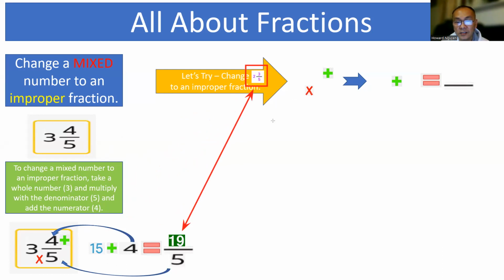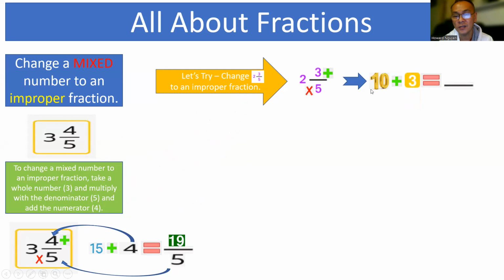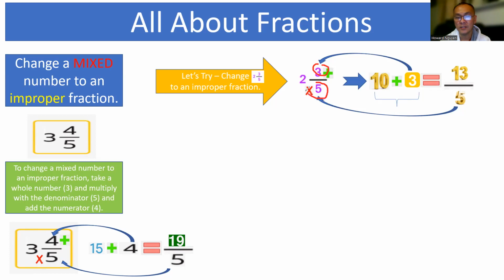So what you do is you multiply 2 times 5 plus 3. So 2 times 5 is 10, plus 3, which is 13/5. See? This number is when you add, this number is when you multiply these together. This number doesn't change when you change to the improper fraction. The denominator doesn't change.